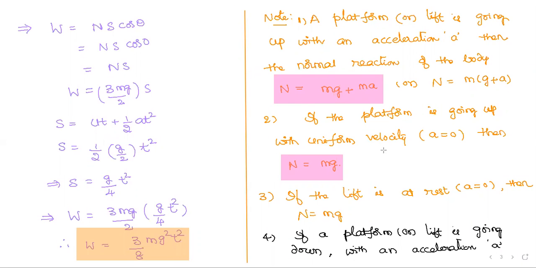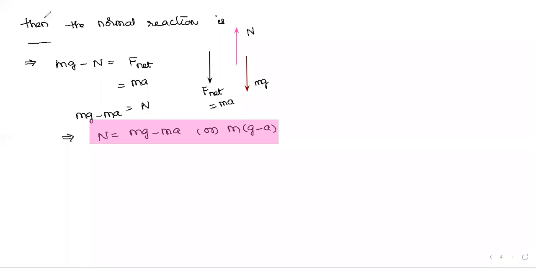So if the same type of question is asked with uniform velocity, you can say a is equal to 0. So N is equal to, straight away you can say, mg.